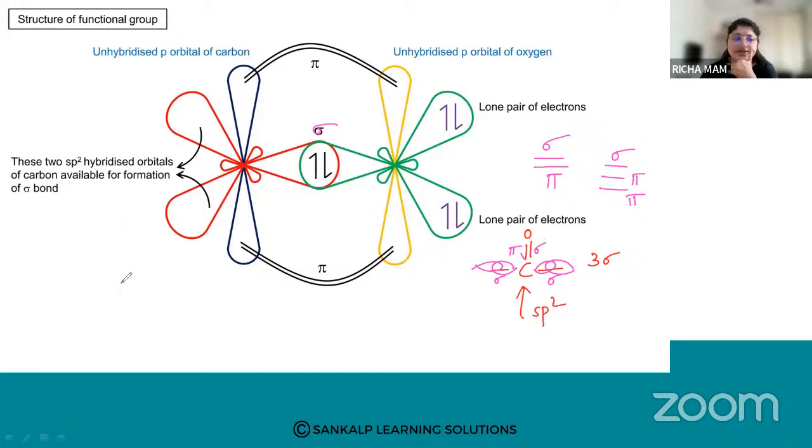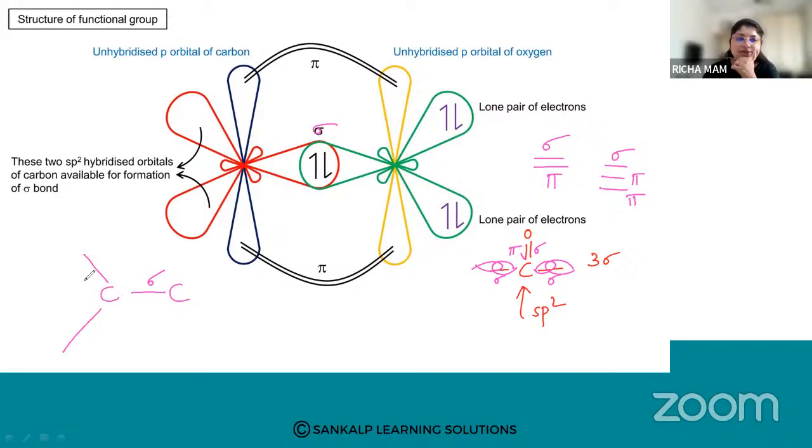Now how are the sigma bonds formed? When you consider two carbon atoms, this is one sigma bond, then this is one sigma bond, and this is one sigma bond. Now suppose I take this carbon, a carbonyl carbon.